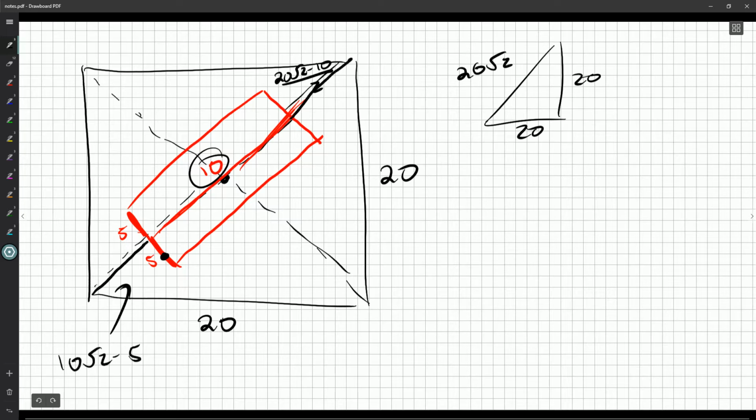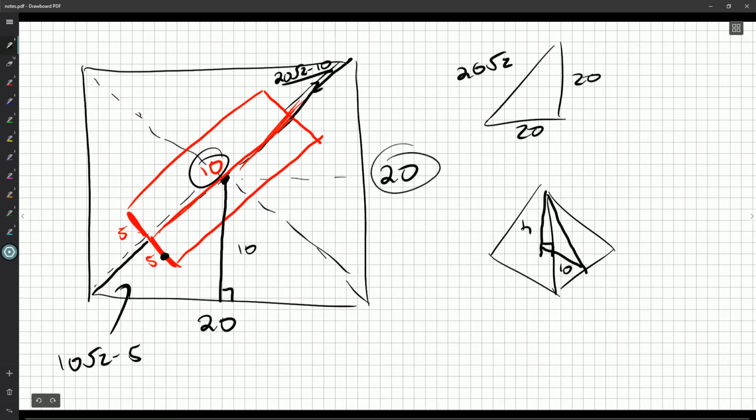Oh, now that's interesting. If we imagine my pyramid here, and I drop the height off to the side, the slope of these triangular sides is determined by h over 10. Because it's 10 to get into the side here, since the side is 20, and h is this unknown height.